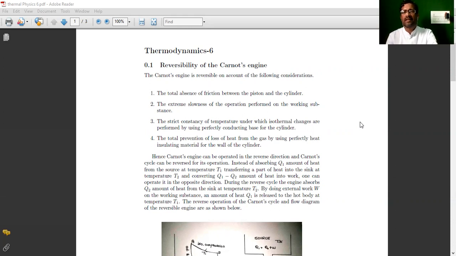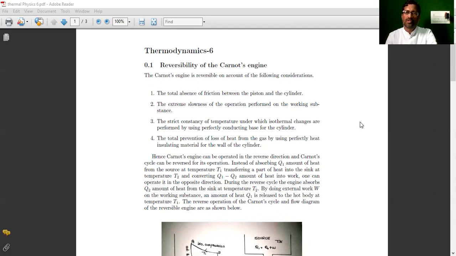So the base of the cylinder is assumed to be perfectly conducting, and the temperature of the isothermal process is maintained constant. And the fourth important reason is the total prevention of the loss of heat from the gas by using a perfectly heat insulating material for the wall of the cylinder.